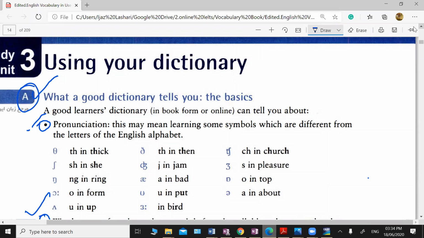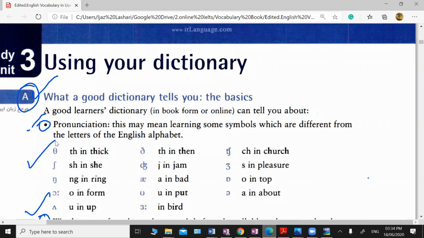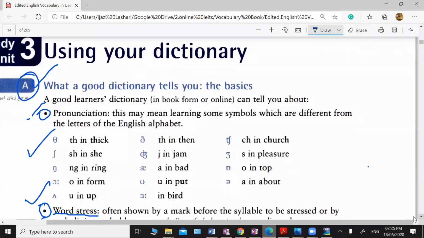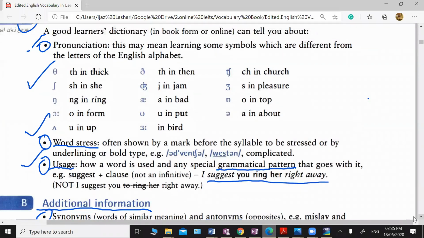So for those who joined late, the first thing you look for in the dictionary is the symbols. The symbols are already given here. Don't be confused that these are some kind of letters. No, these are symbols. These symbols guide you how to pronounce the words. For example, let me see these two words here, thick and then.